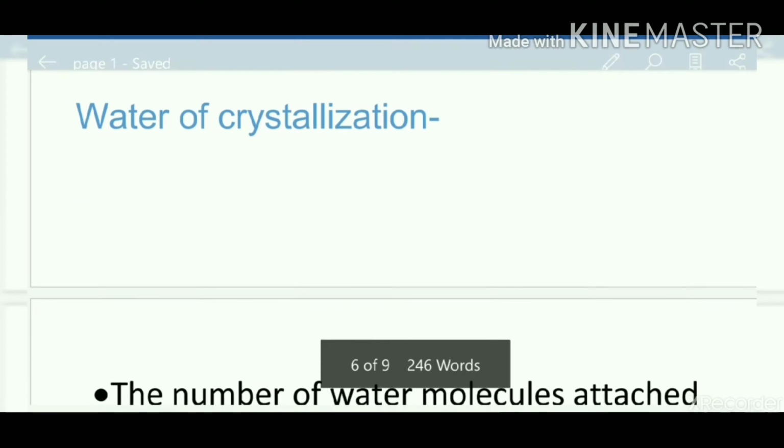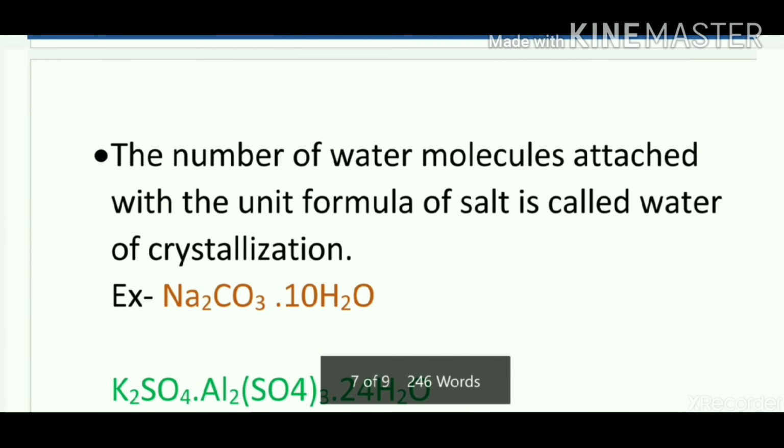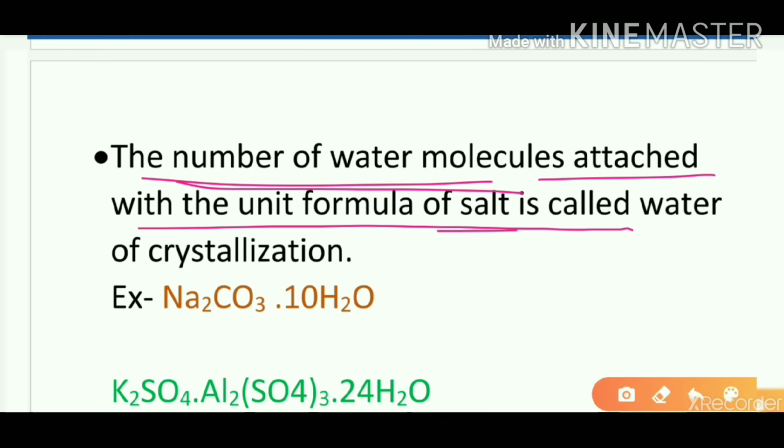Now one important definition is there: water of crystallization. Now what is water of crystallization? The number of water molecules attached with the unit formula of salt is called water of crystallization. So important thing, listen carefully. As we have seen, Na2CO3, this is a compound, and in here we can see water molecules are there.